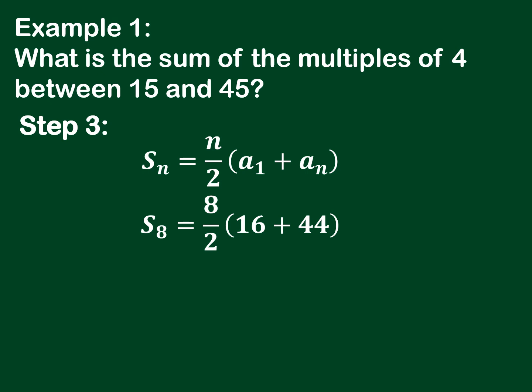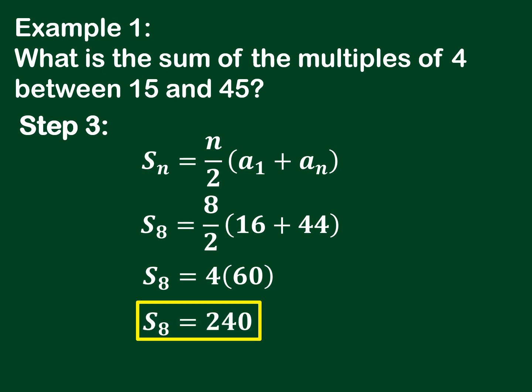So 16 plus 44 is equal to 60, and 8 divided by 2 is equal to 4. And then multiply 4 by 60, so s sub 8 is equal to 240. So therefore, the sum of the multiples of 4 between 15 and 45 is 240.